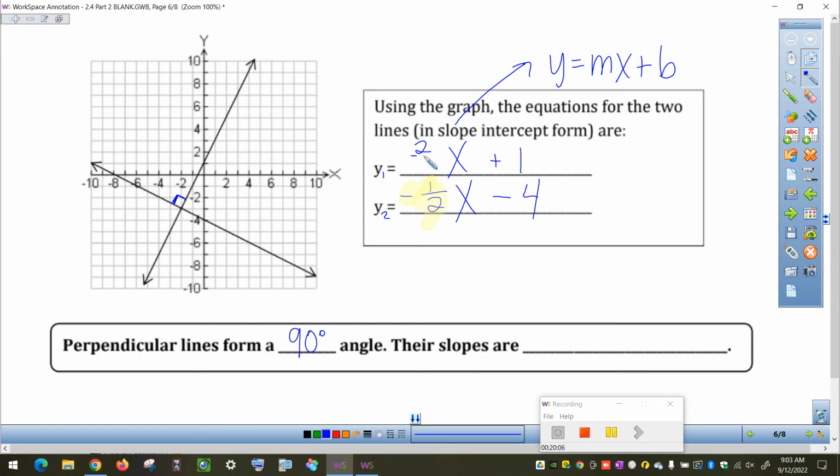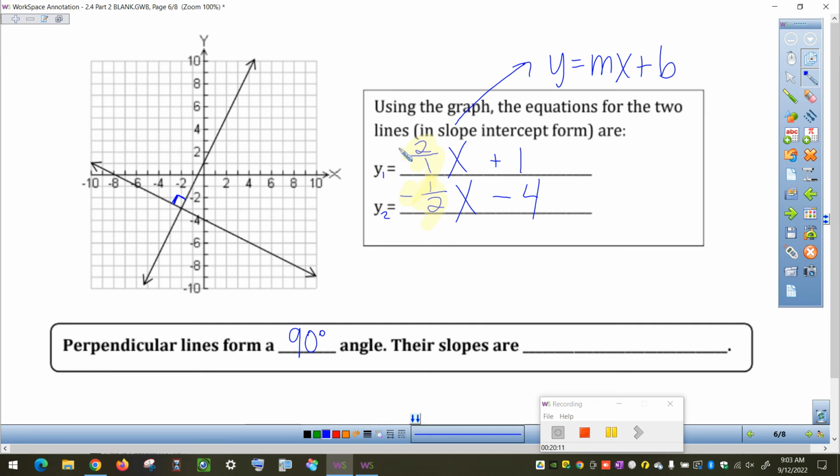So if I were to rewrite that with both parts, notice that between the 2 over 1 and then the 1 over 2, these are just flips. We call them reciprocals when the numerator and denominator switch places. So that's one thing I want you to notice, is that the fraction part, they are reciprocals of one another.